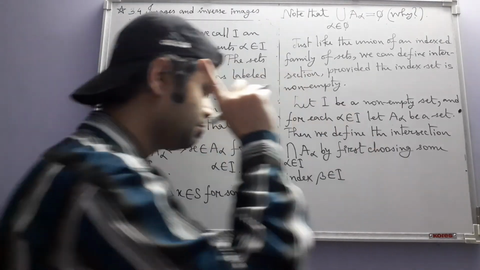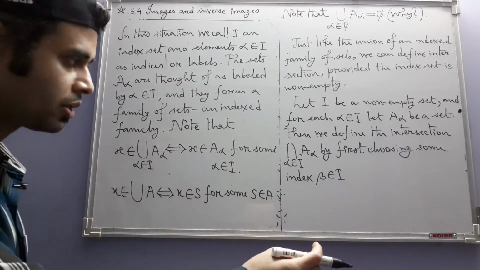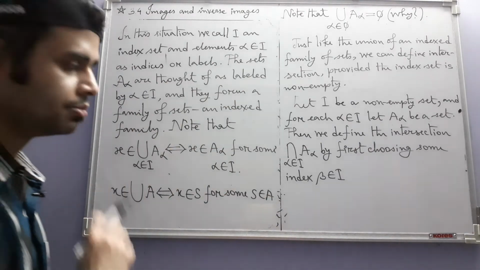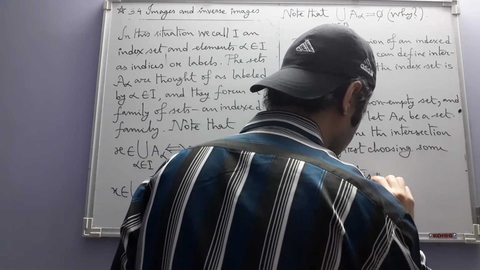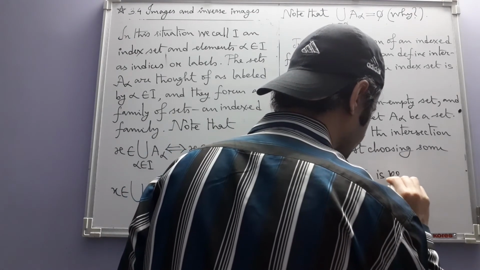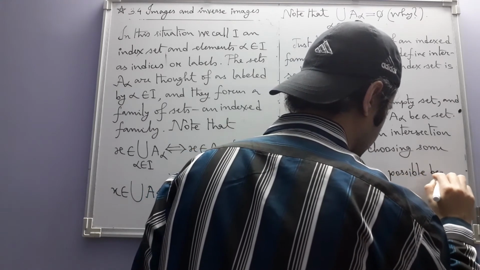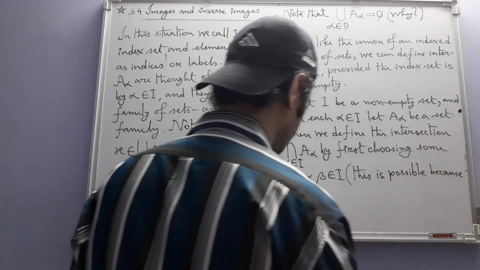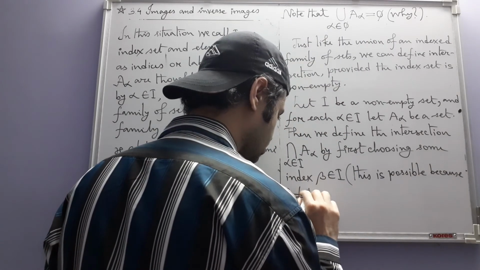So by a previous result which we named the single choice, from a non-empty set we can choose one element. This is possible because I is non-empty.